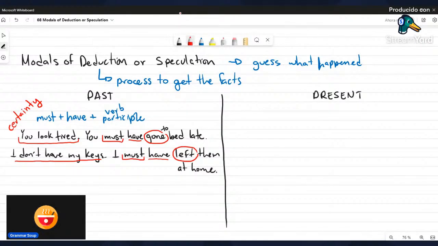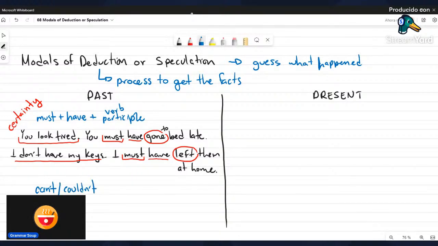You can also make deductions by saying something is not true, right? And you are still certain about that. Yes. How is that possible? Well, you can use another type of modal verb. For example, if you want to say something is not possible, something is not true, something is impossible to happen, you can use the modal verb can't. Yes, you can also use the modal verb couldn't.